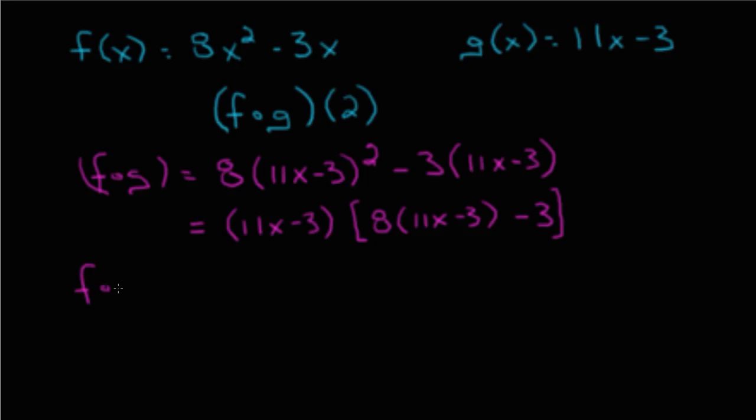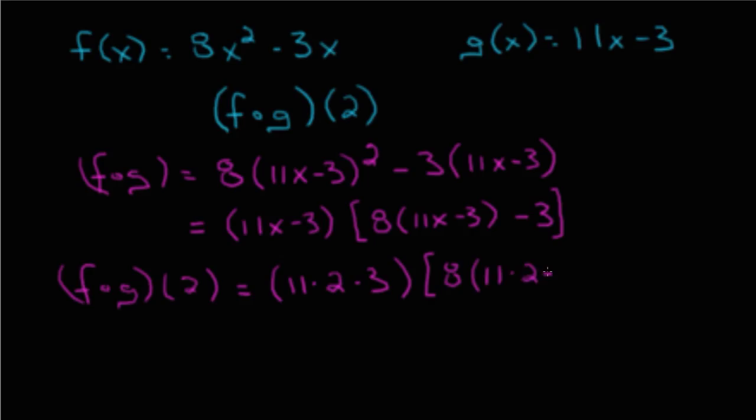So f composition g at 2. So now everywhere that there's an x, we're going to plug in a 2. So now we get 11 times 2 minus 3 times 8 times 11 times 2 minus 3 minus 3.